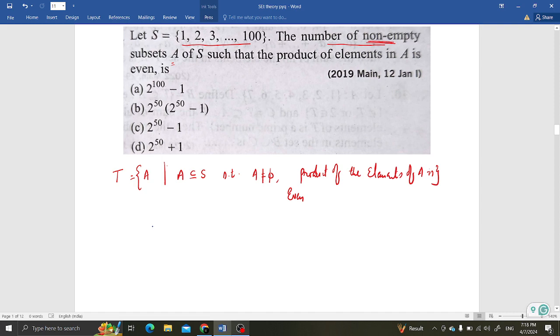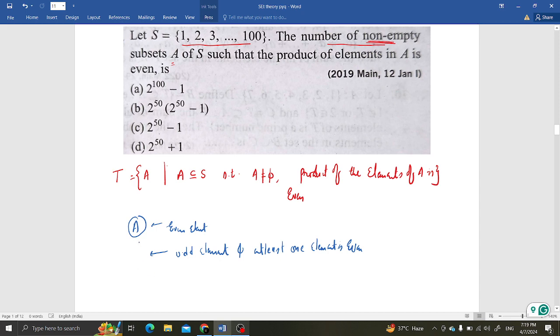Now, it means that an even product is possible when this set A contains an even element, or at least one odd element and at least one element is even.